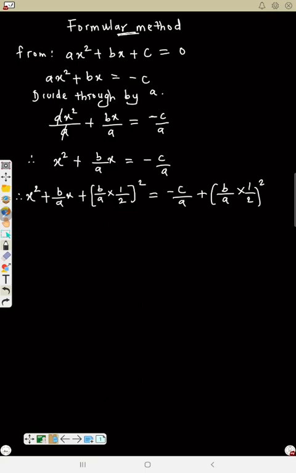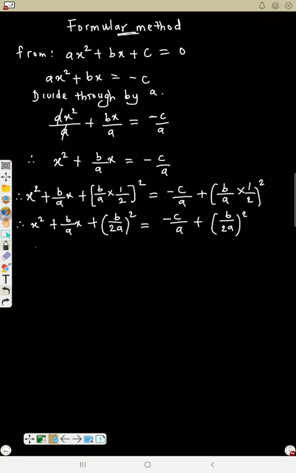If you understand the completing the square method very well, you will see this is just the same procedure. Please watch video 3 again if you don't know completing the square. Now x squared plus b over a x plus b over 2a squared, that is b times 1 over b, then a times 2 is 2a, equals minus c over a plus b over 2a squared.